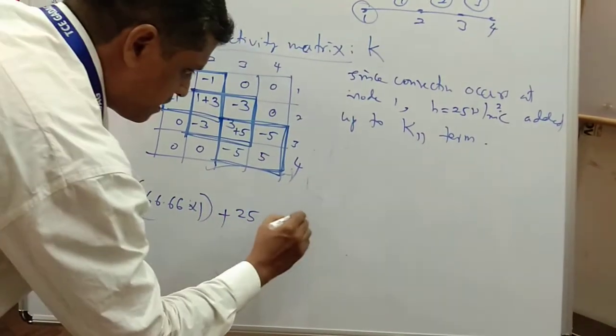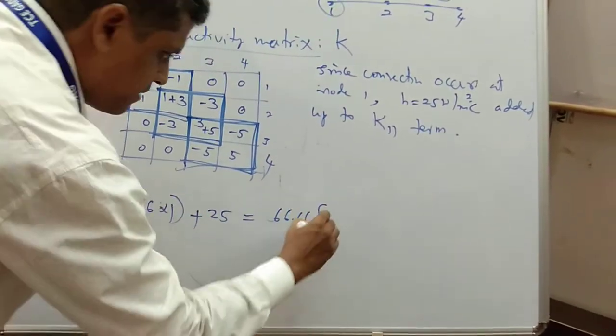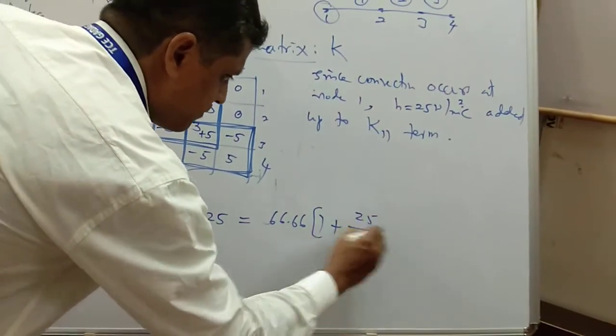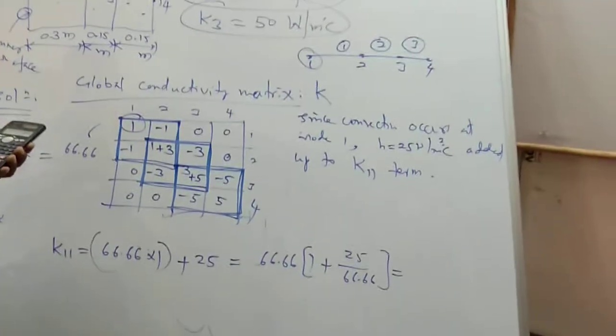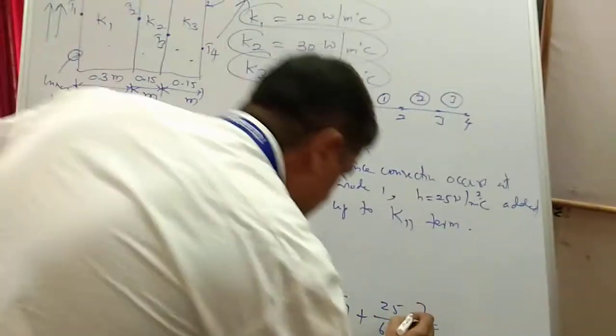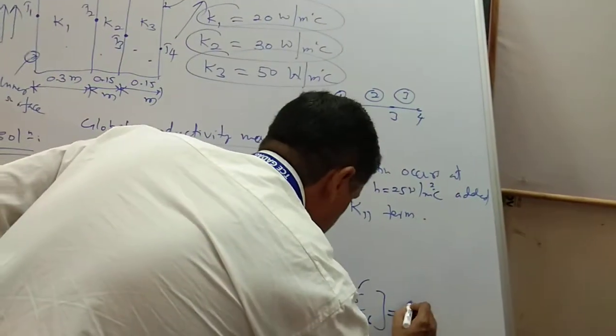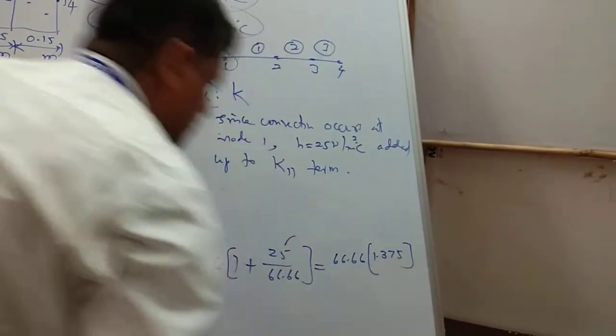Now, 66.66 is common, so I'll take 1 plus 25 divided by 66.66. If you do 25 divided by 66.66, you will get 0.375. Therefore you get the answer 66.66 into 1.375.